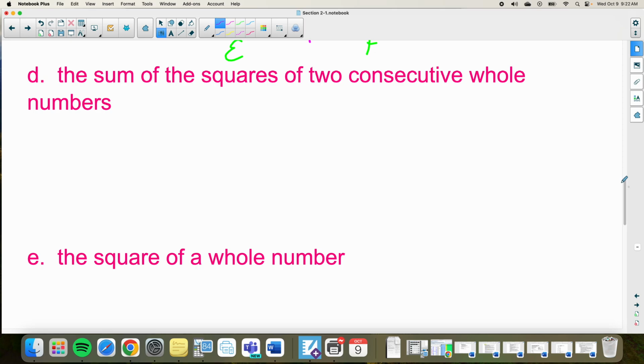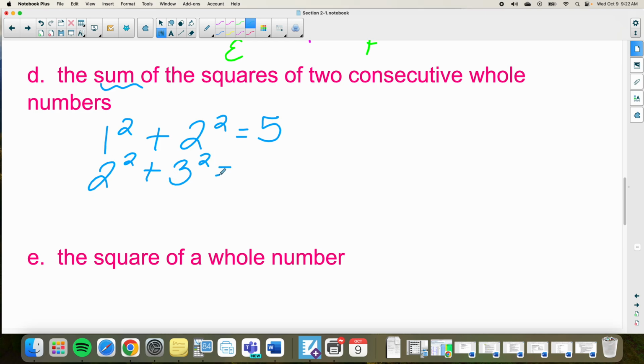And we want to find the sum of the squares of two consecutive numbers. So let's try 1 squared plus 2 squared. 1 squared is 1, 2 squared is 4, 1 plus 4 is 5, okay? Then let's try 2 squared plus 3 squared. You can try any two consecutive numbers. So 2 squared is 4, 3 squared is 9, 4 plus 9 is 13, okay?